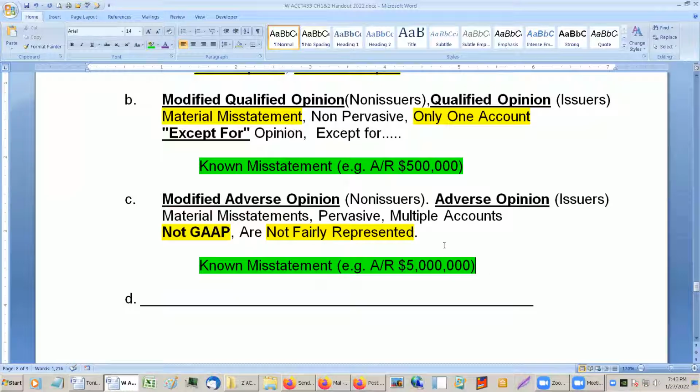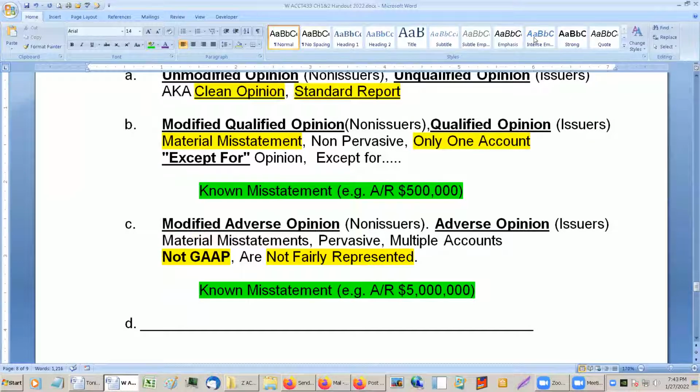Whatever it is. So for a qualified or adverse opinion, the dollar amount is actually known. And you're going to put it right in the report. Hey, these accounts receivable are off by $500,000 or $1 million, and whatever accounts are off, you're putting them right in the report.